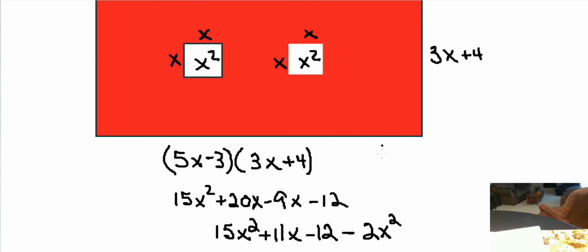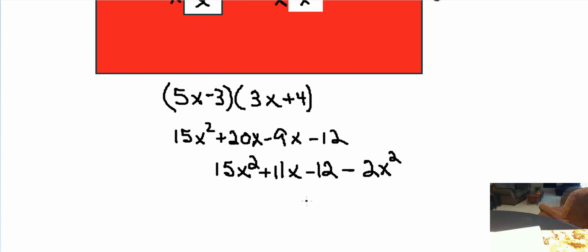Or individually you could say I'm going to subtract x squared, minus x squared. But either way you're going to come up with minus 2x squared. And then you can simplify this now to be 15x squared minus 2x squared is 13x squared. And everything else stays the same. Okay, and that's how you would do something like this.